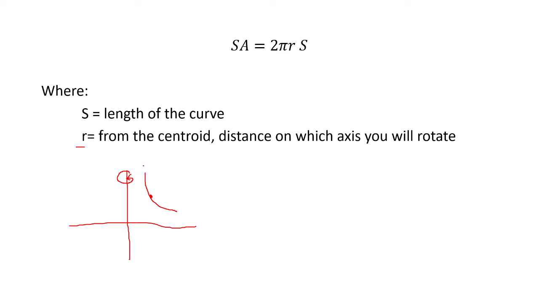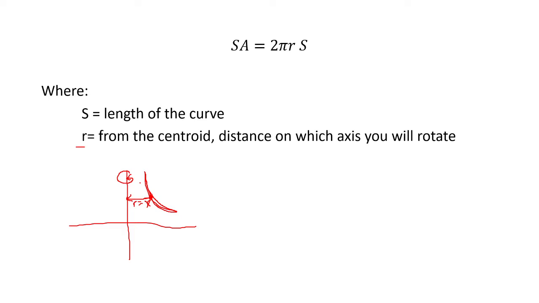So our length of the curve is the length of this, so that's the S. Okay, and R here would be this one. So from the centroid, the distance to the axis on which you will rotate. So in this case, you will rotate about the y-axis. So your R is equal to x.